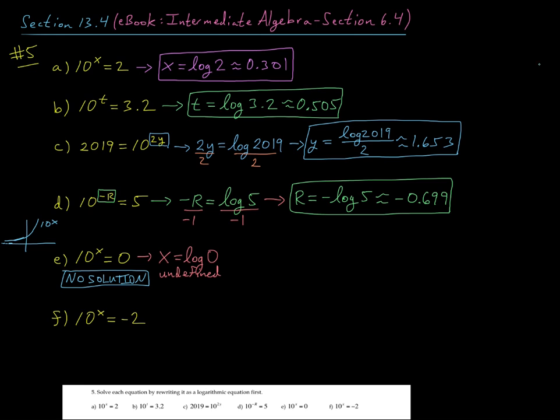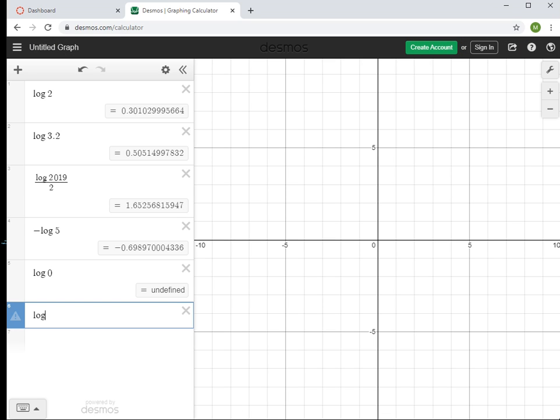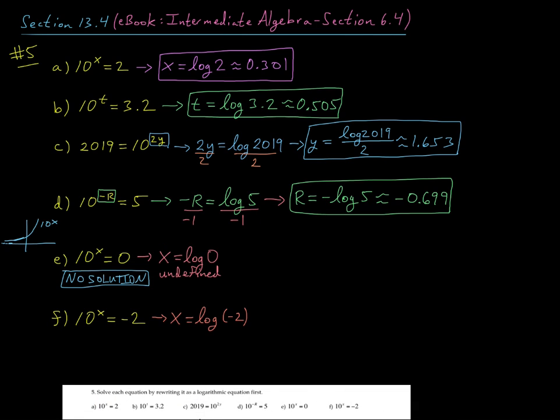All right, and then here, for the last one, we have 10 to the x is equal to negative 2. And so that would give us x is equal to log of negative 2. And so let's go to the calculator. Log of negative 2. Also undefined. So this equation also doesn't have any solutions.